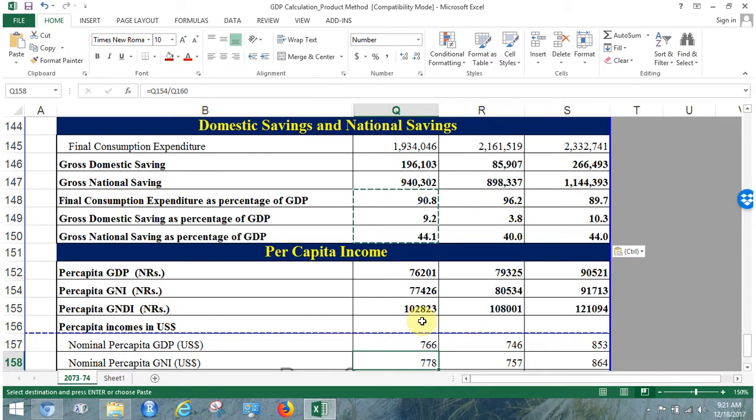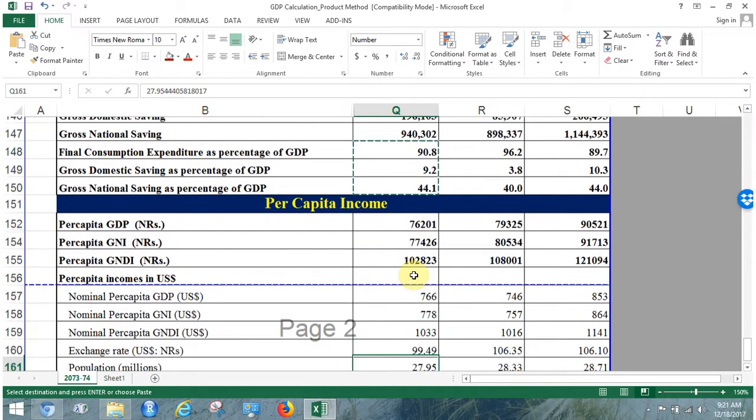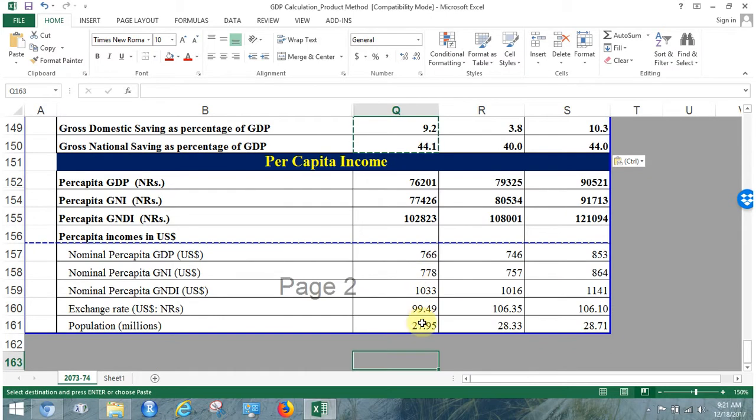So we next move to how per capita income, or per capita GDP, per capita GNI, and per capita GNDI are calculated in Nepal. To calculate per capita income, we need an estimate of the total population, which is given here: 27.9 million, 28.3 million, and 28.7 million.